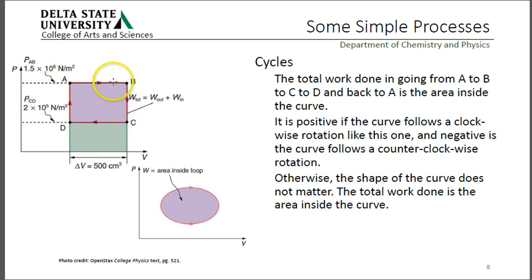So the total work done in going through this cycle is just the work inside the curve, that purple area right there. On a PV diagram, if this is a clockwise movement, the work done is positive and equal to the area inside the curve.